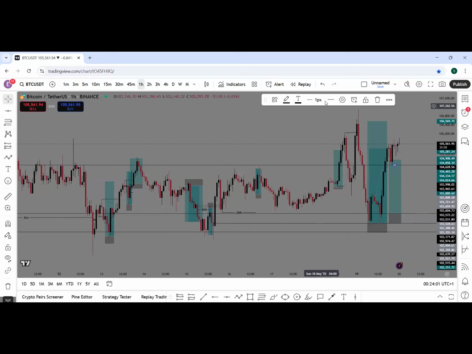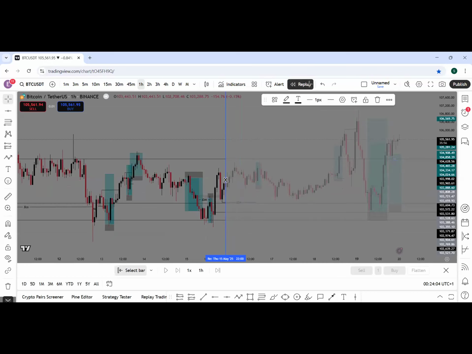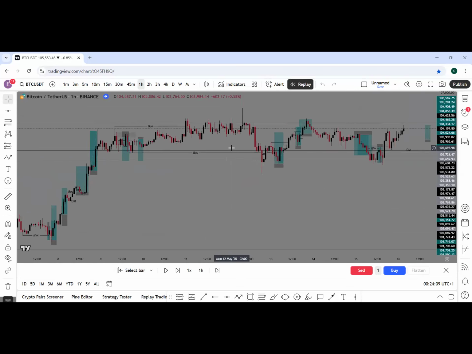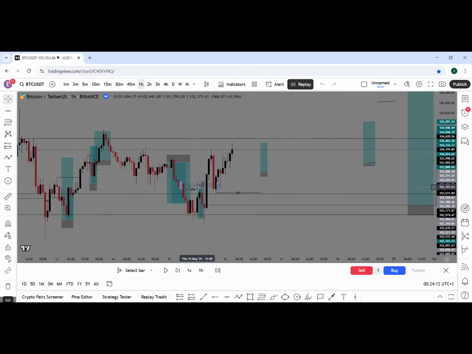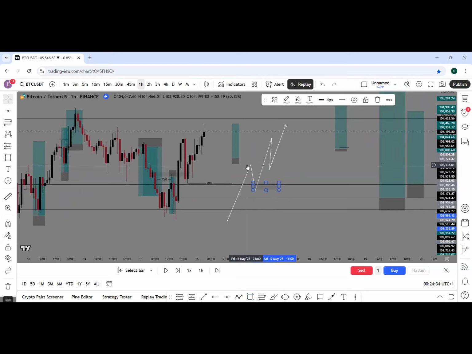What I was explaining earlier, let me just do it as a replay. It used the body of this high here to form an inducement because, like I was explaining now, if you have a break here and an inducement here like this, and there's another block here for price to mitigate, in most cases price will use the breaker to form an inducement for the other block, then let price come and take the other block.